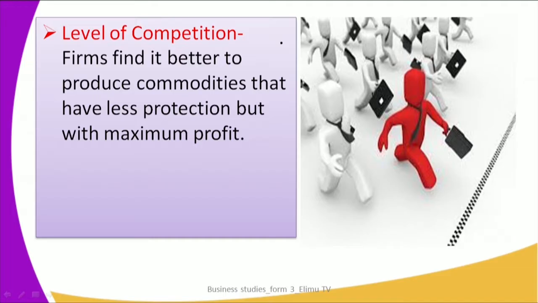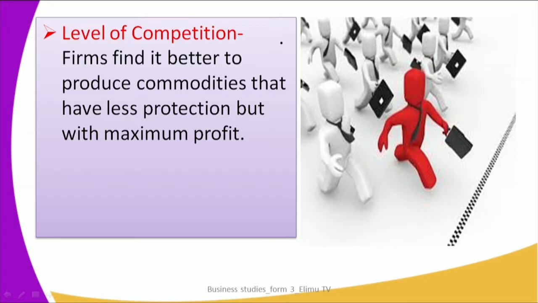There are some products where the level of competition in the market is very high, and since it's not easy for a new farm to overcome that, the farm would rather go for a product that has less competition.